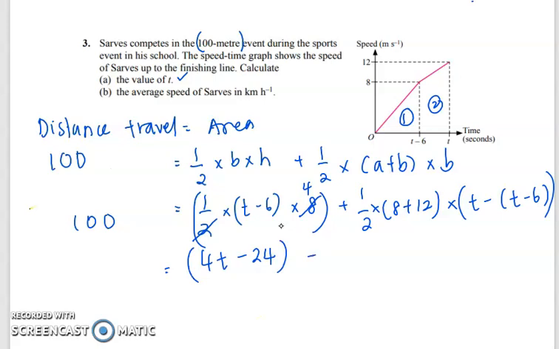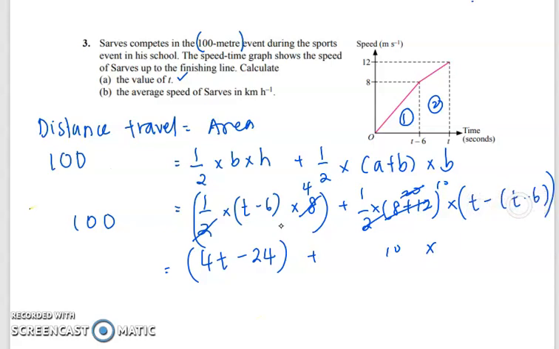Okay, and then plus 1/2 times 8 plus 12, which will become 20. So 1/2 times 20, we get 10. So 10 times t minus 6.